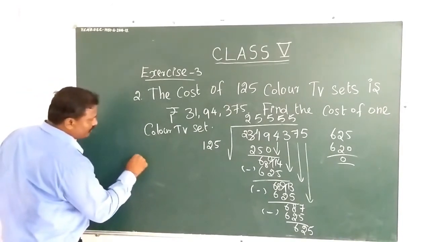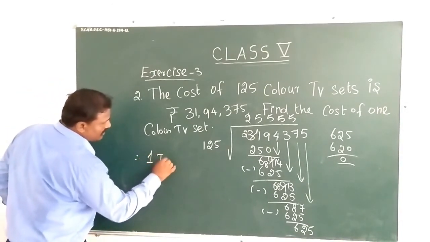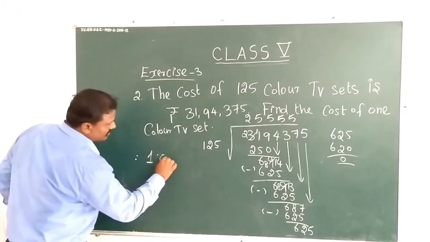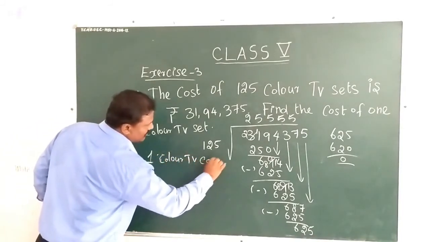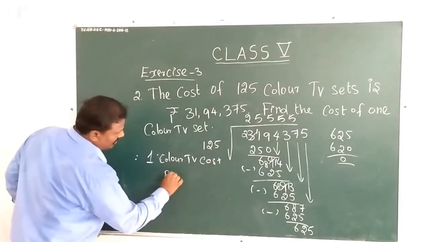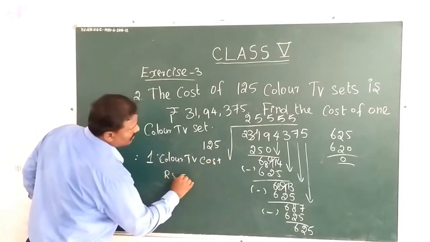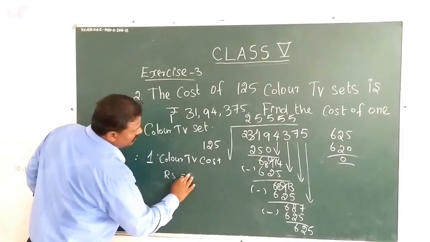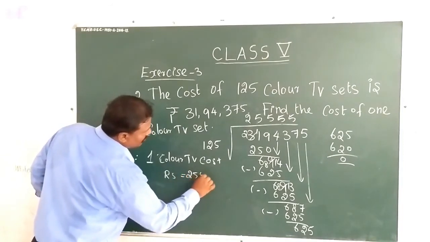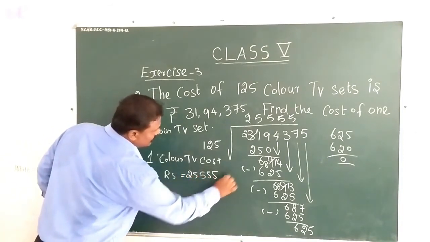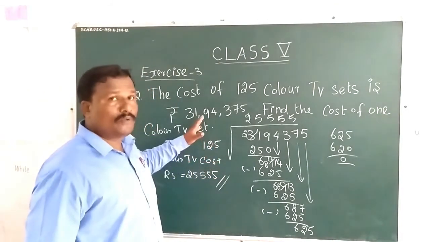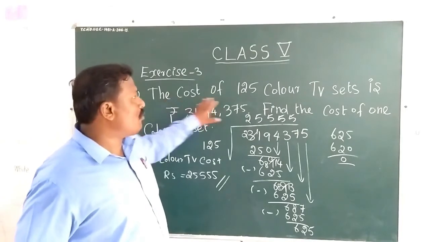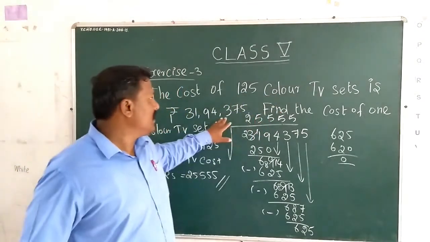So therefore 1 color TV cost Rs 25,555 is the answer.